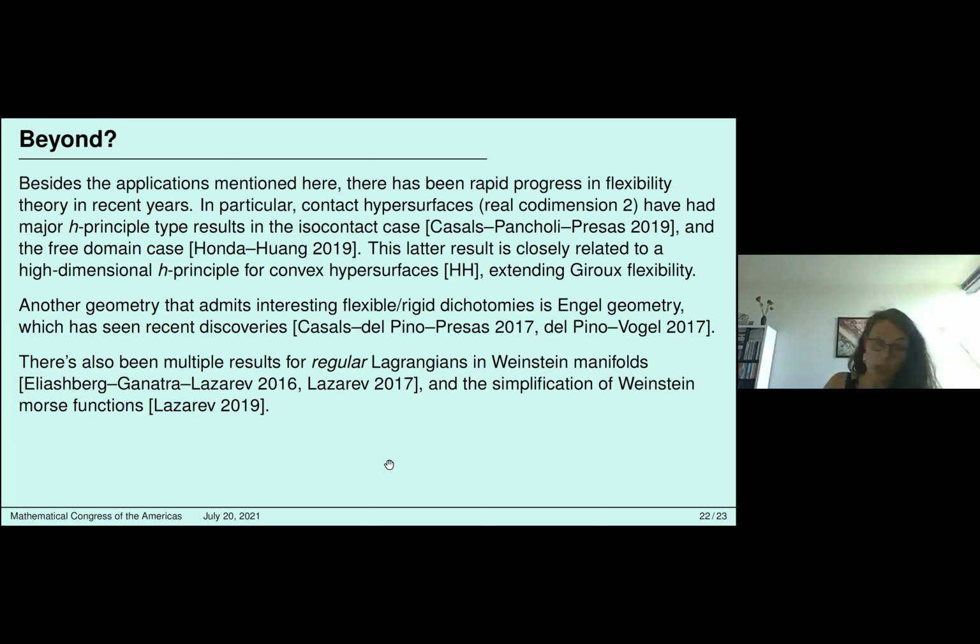Also, regular Lagrangians and Weinstein manifolds and Weinstein structures have seen a lot of recent progress. Eliashberg, Ganatra, Lazarev, and in particular, Lazarev has done a lot of cool things with Weinstein structures, particularly using this to get some interplay with things like wrapped Fukaya categories, and being able to really get rigid results out of flexible results, which is really cool.